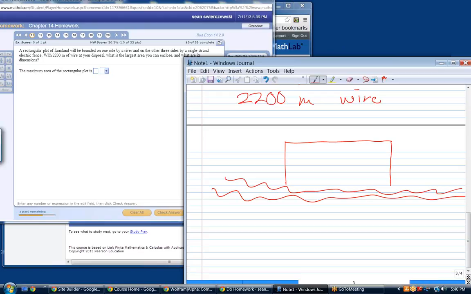What is the function for the area that's enclosed? Let's assign some variables to this. How about the length and the width? So the area is what?